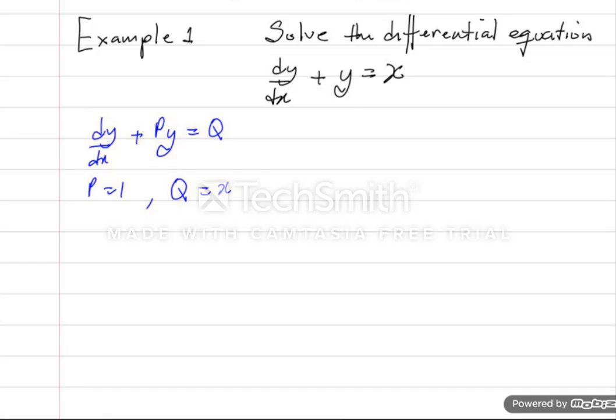Remember now, p and q could either be constants, or they could be functions of x alone.